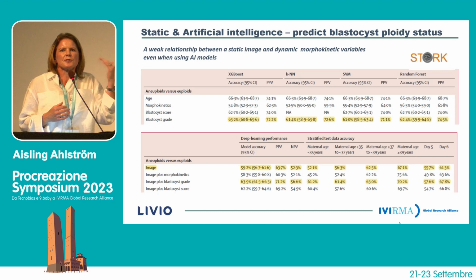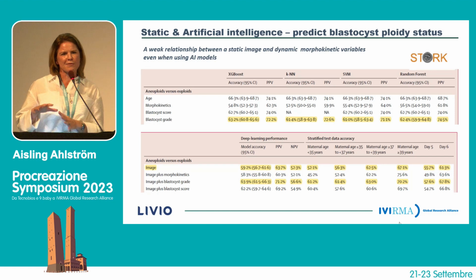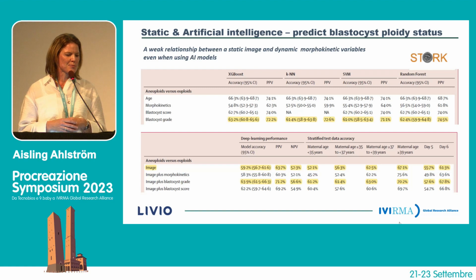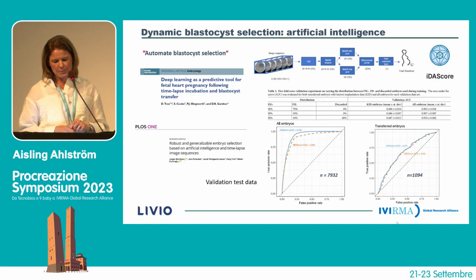But if we really wanted to get to the level at which we can get with PGT-A, I have a little bit of reservation that blastocyst morphology, even when analysed by AI, or dynamic variables analysed by AI, will in fact predict PGT-A. But I hope to be proven wrong, because I would very much like to have that method in our labs. We have also been working on an AI system as well called EDA.